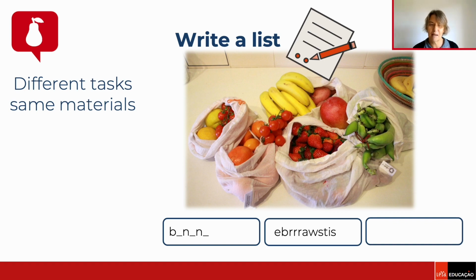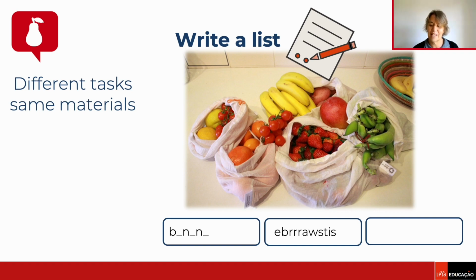So they could just come up with as many words as they can. And here, it could just be random, words that they can see, or you could say, write all the yellow fruit, or all the red fruit, and all the red or green vegetables, etc. Right? So you could tailor this activity in any way you like.